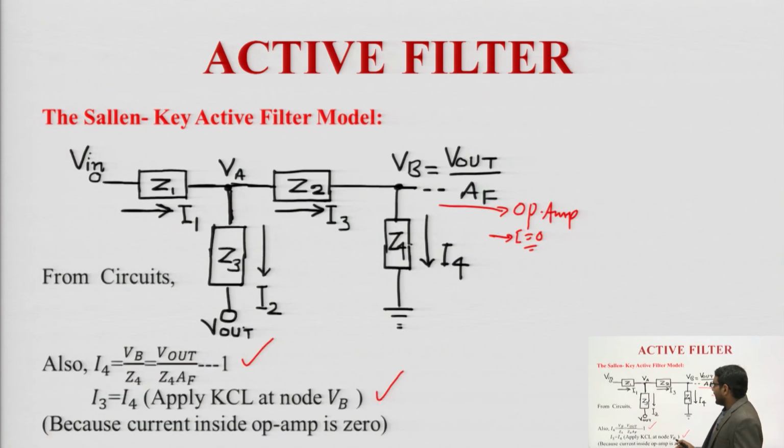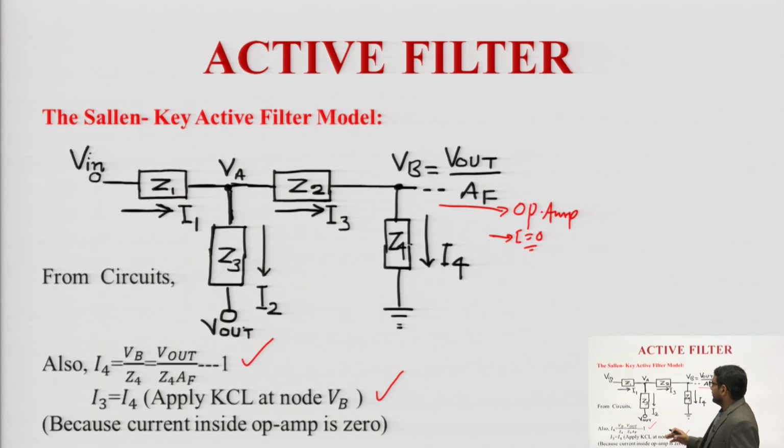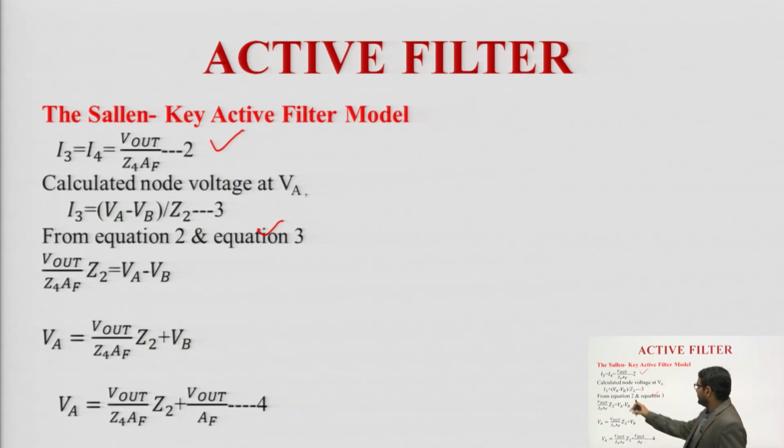Now, if I3 is known, then we try to calculate the node voltage VA. Applying KVL here, I3 equals VA minus VB divided by Z2. From equation 2 we already know that I3 equals V out by Z4 AF, so V out by Z4 AF times Z2 equals VA minus VB.